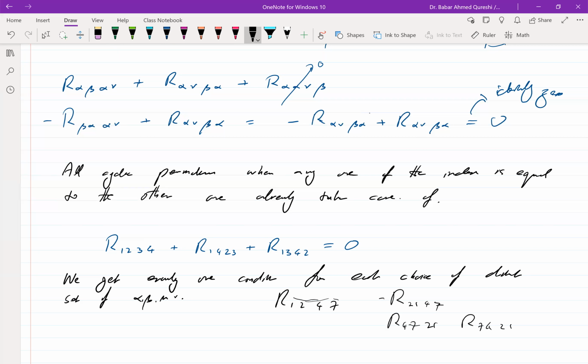So that means I will be able to count very easily.